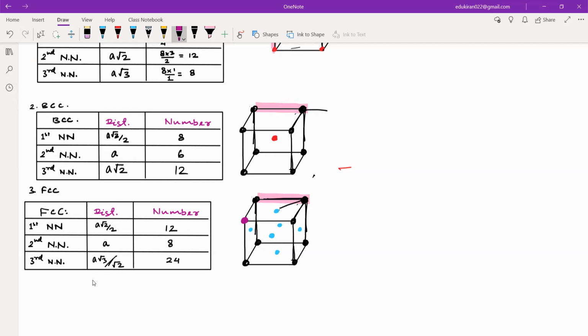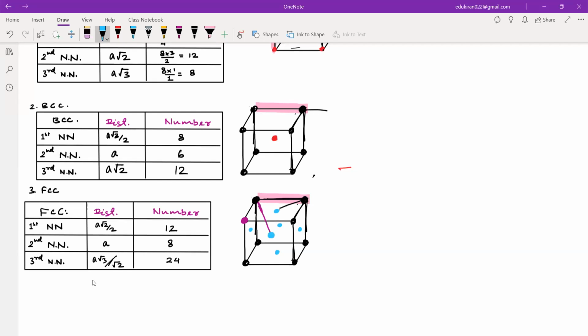But actually, if you see and make a line like this, coming from this atom to this atom. This is your front wall, and this corner is at the top left corner of the front wall, and this blue atom, which is in the face center, is at the back wall.